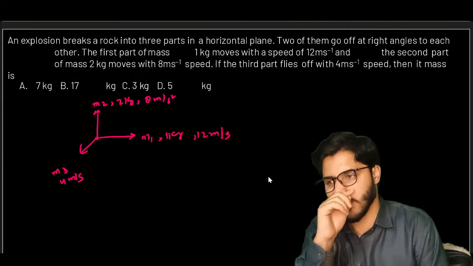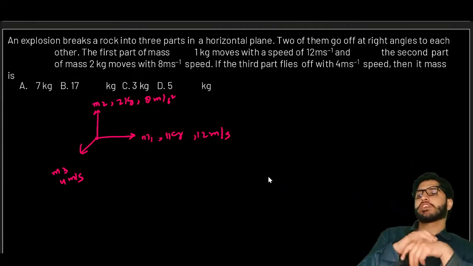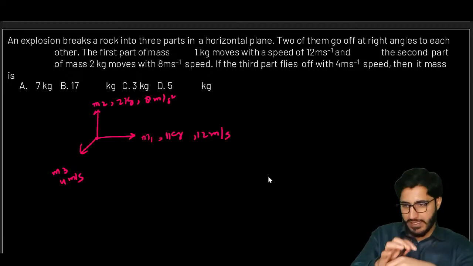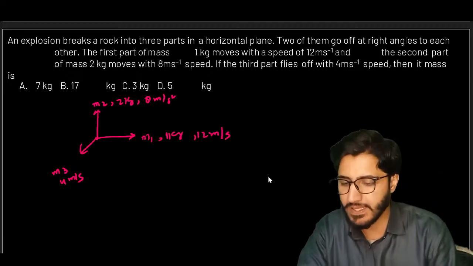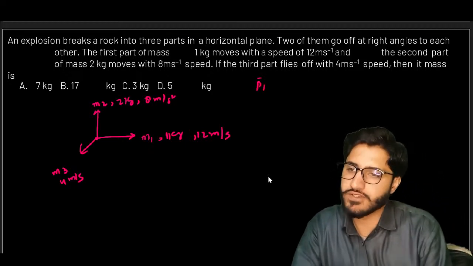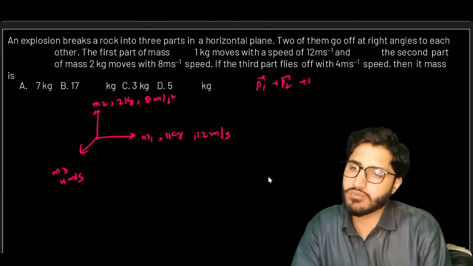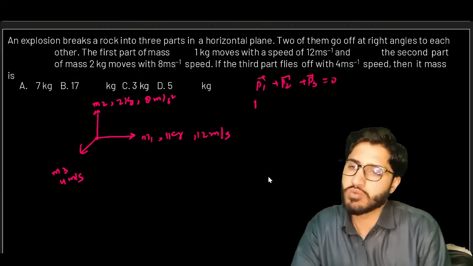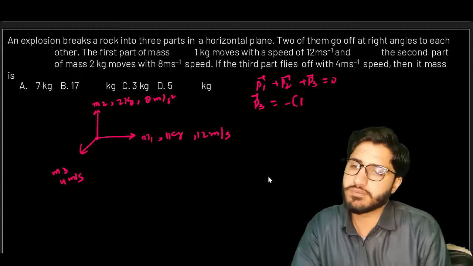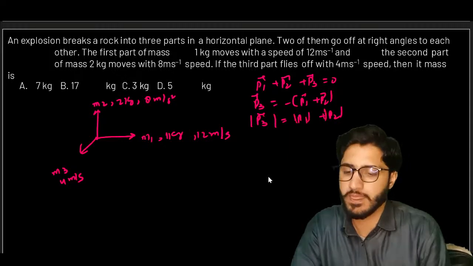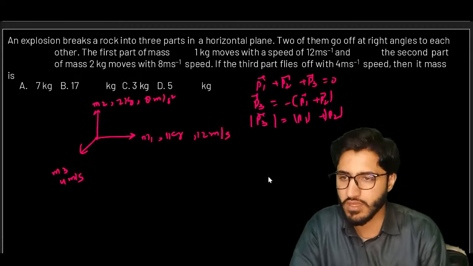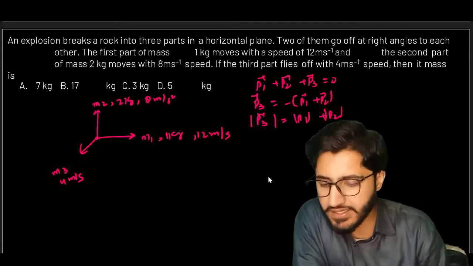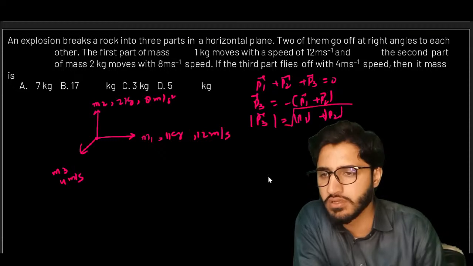The mass. Okay, there is no external force, so we can just conserve the momentum. So I can write momentum first plus momentum second plus momentum third equals 0. So momentum third equals minus (P1 plus P2). The mod will be equal to the root of P1 square plus P2 square. Clear?